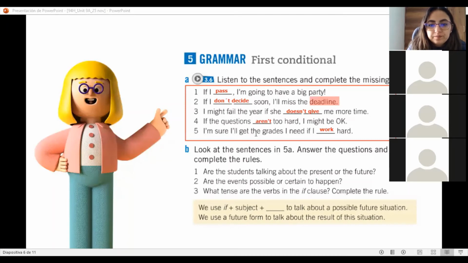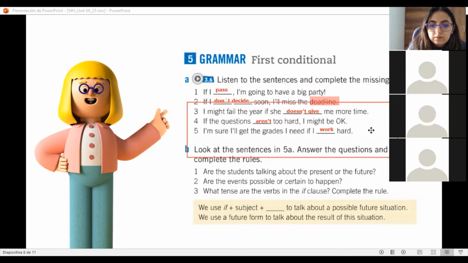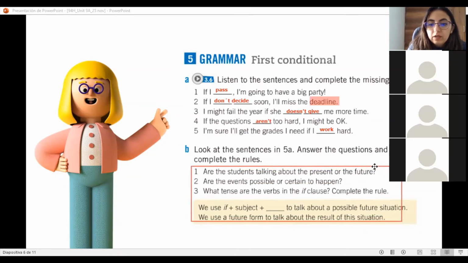Okay, guys. Help me answering the following questions then. Are the students talking about present or future in these 5 sentences? What do you think? Are they talking about the present or maybe about the future?